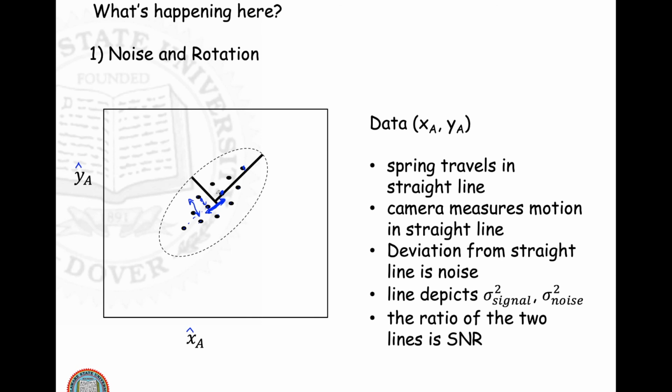And so the ratio of these two lines, this line representing that component of motion, and that line representing the other component of motion, the variance in position associated with each one of these directions, that's going to be our signal and our noise. Okay.